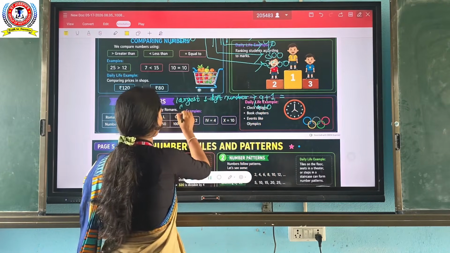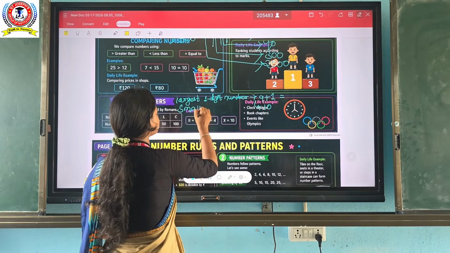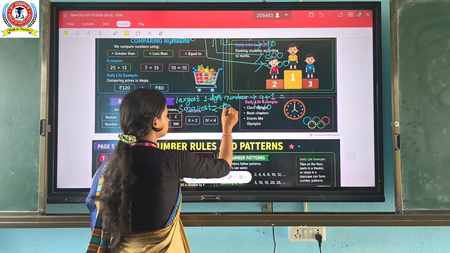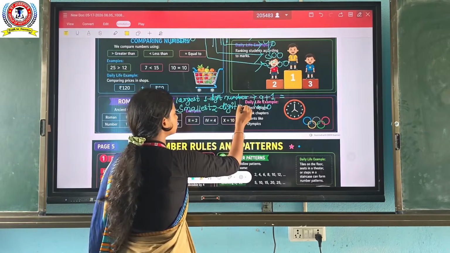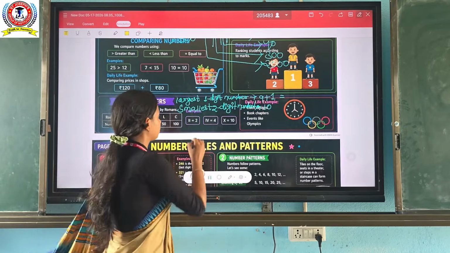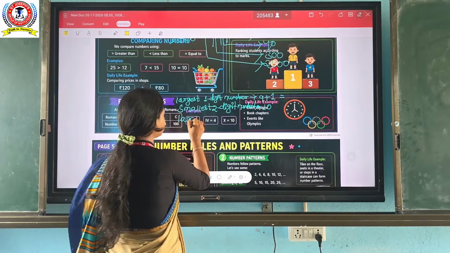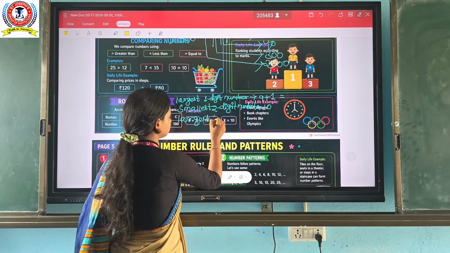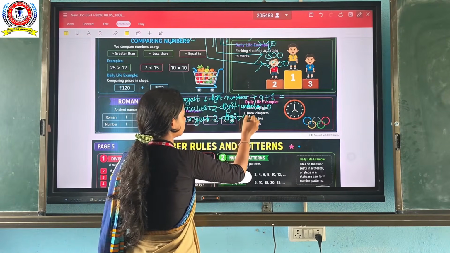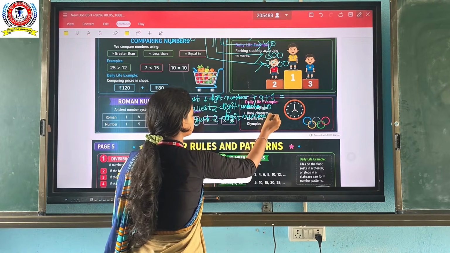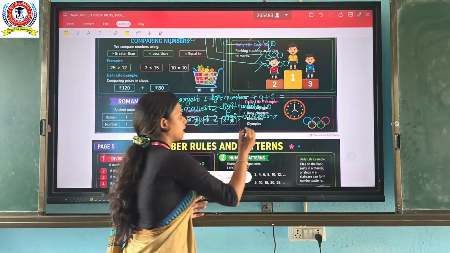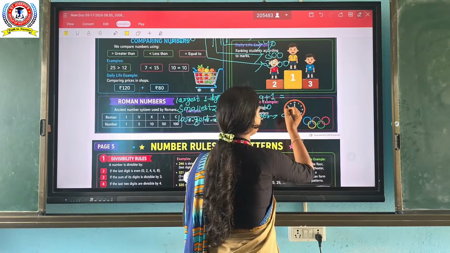That is the smallest two digit number. Okay, then largest two digit number. So which one is the largest two digit number? The largest two digit number is 99.